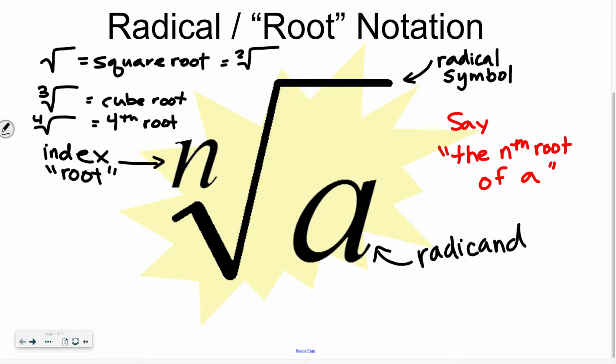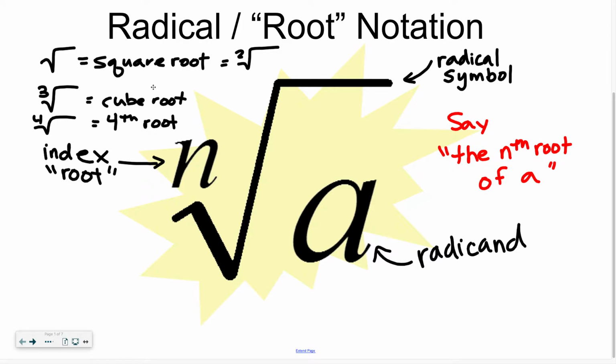Isn't that fun? Radicand. So you'll hear me sometimes in class say the stuff under the radical, or I might say the radicand. But I want you to know, when I'm talking about the radicand, I'm talking about the thing that goes under the radical. If I'm talking about the root or the index, I'm talking about the thing outside the radical. Okay. Any questions on symbols and notations there?